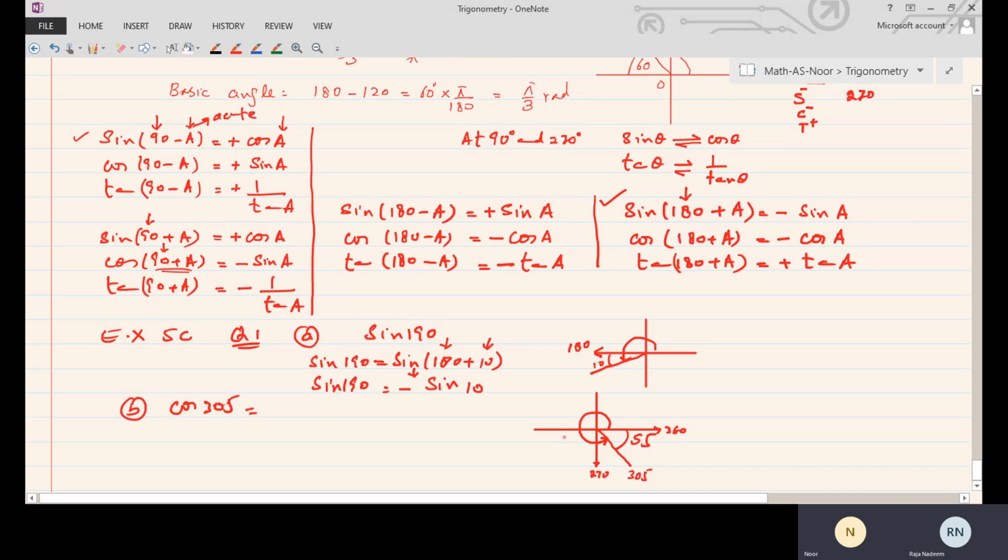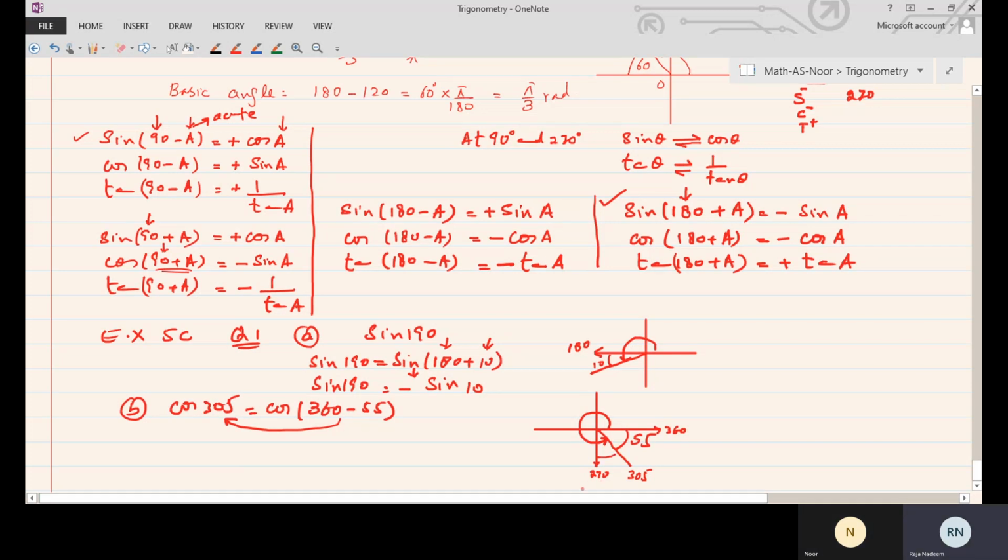So if I write 360 minus 55, whatever I'll get, that would be 305. So in the fourth quadrant, you will not write 270 plus this angle.